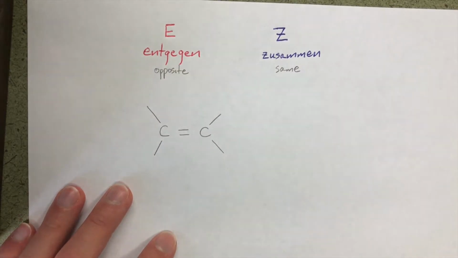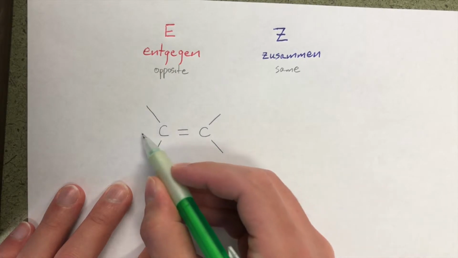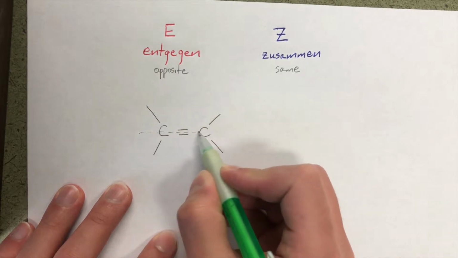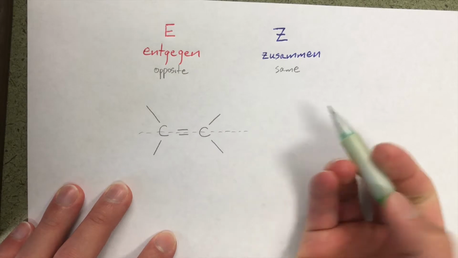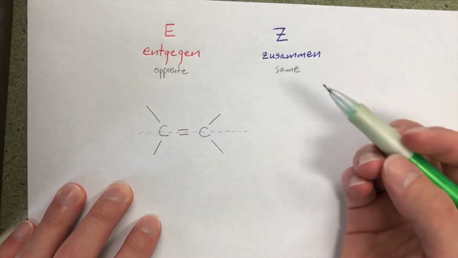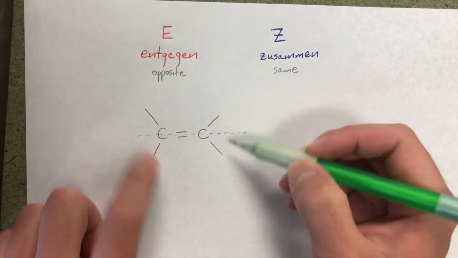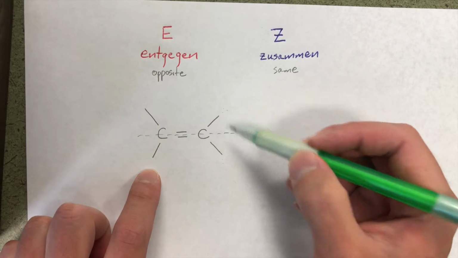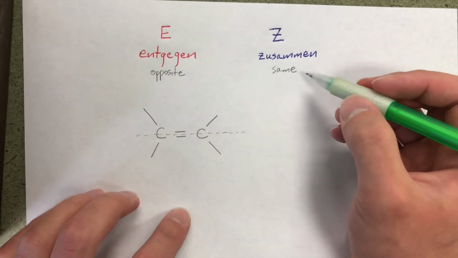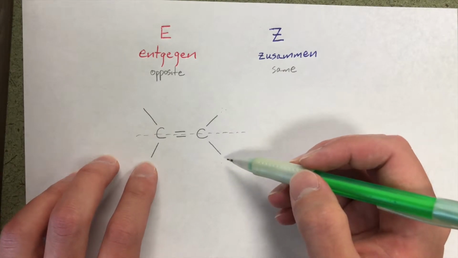And what this means is, if we sort of divide this double bond right down the middle, hamburger style, what we mean by opposite is essentially the 2 highest priority groups are on opposite sides of this sort of equatorial divide. And Z means that the 2 highest priority bonds will be on the same side of the equatorial divide.